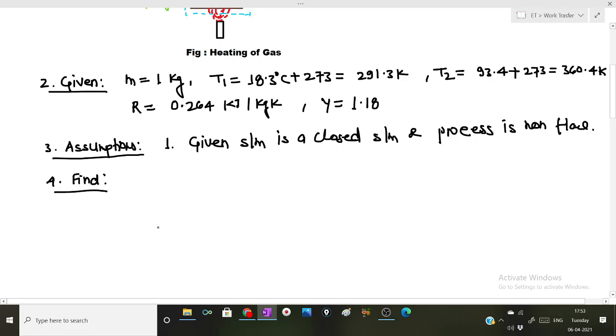So symbolically I can represent point number 1 as Cp and Cv, point number 2 as delta U during the 1 to 2 process, and point number 3, change in enthalpy, delta capital H during the process 1 to 2.